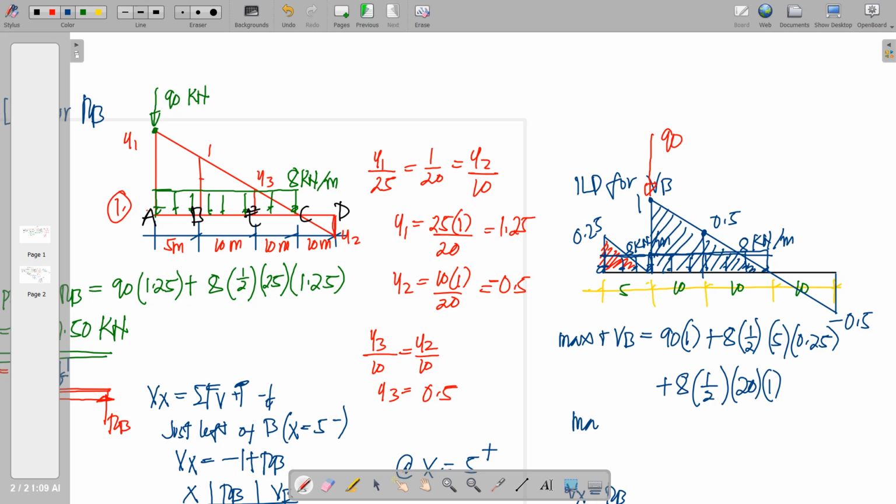So therefore, the maximum positive shear at B will be equal to 175 kilonewton. Okay? So that is the maximum positive shear at B.